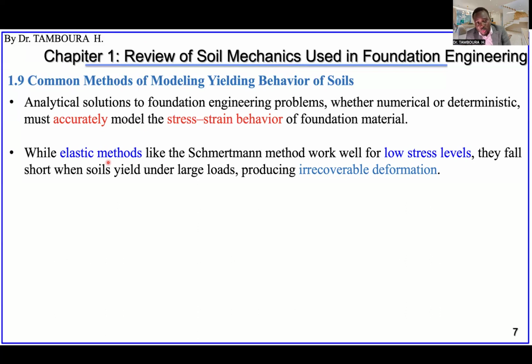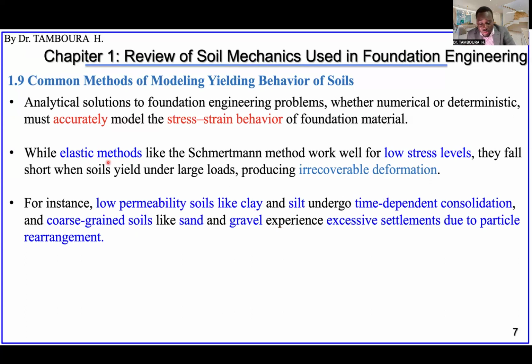But when the load is very large, considerably high loading, then the elastic method becomes maybe not good enough. In that case, we have to find another method.